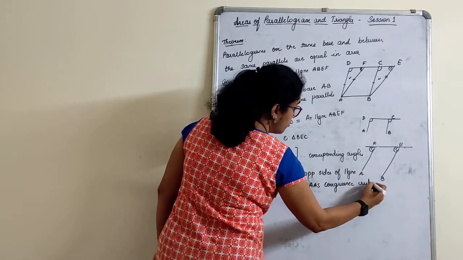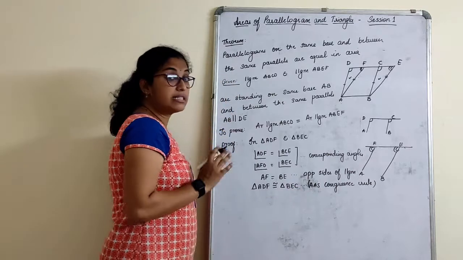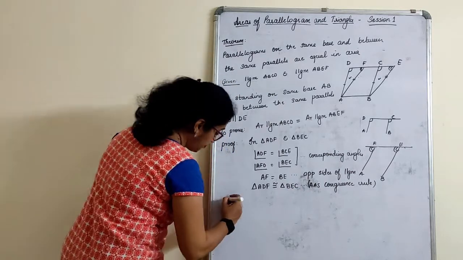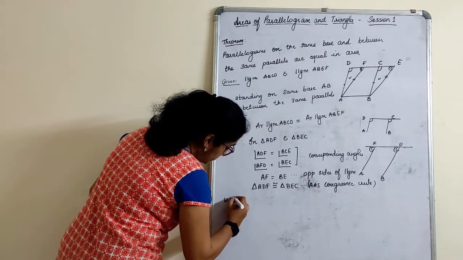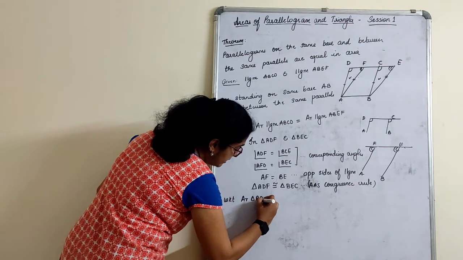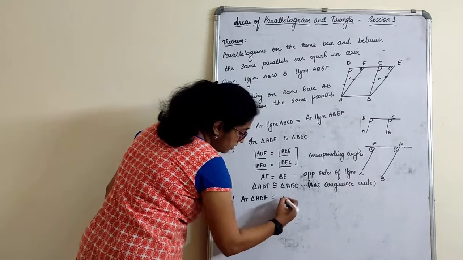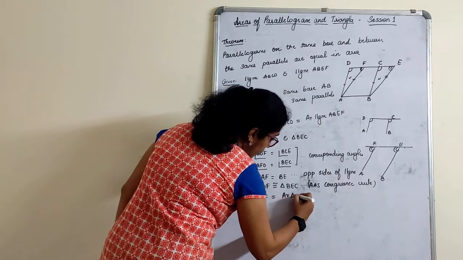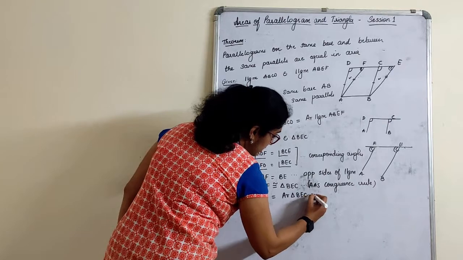We also have to know that congruent triangles have equal areas. We know that area of triangle ADF is equal to area of triangle BEC.